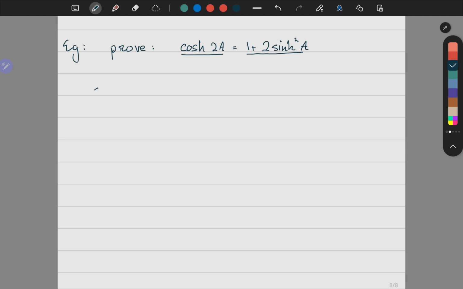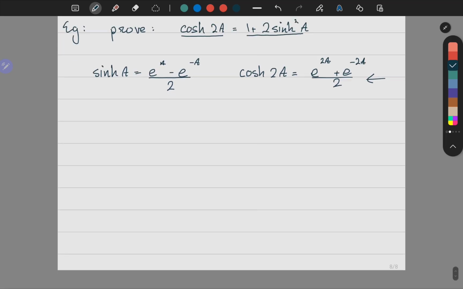The first thing you would have to do is say that sinh a is e to the a minus e to the minus a over 2, and cosh 2a is equal to e to the power 2a plus e to the power minus 2a over 2. So this is basically our target. Now we know what we're looking for.